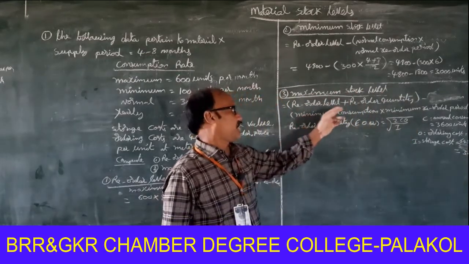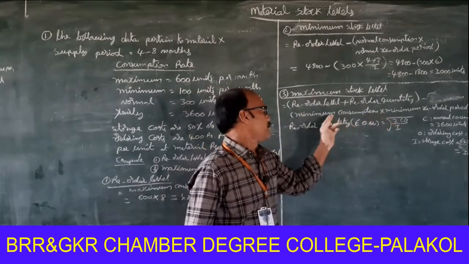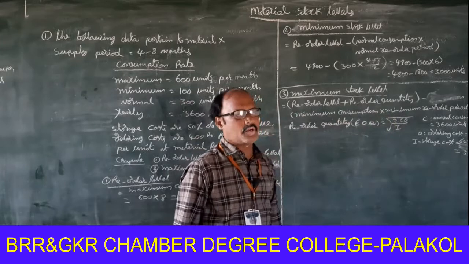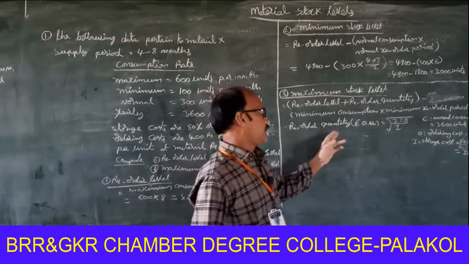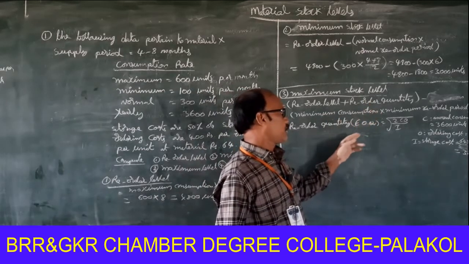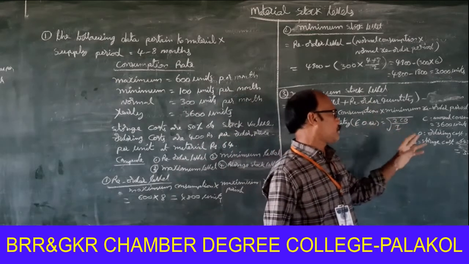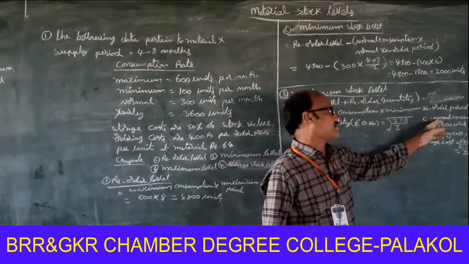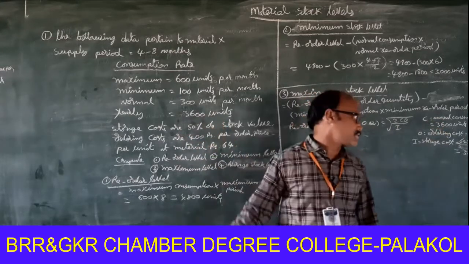Reorder level plus reorder quantity, minimum consumption into minimum reorder period. Reorder quantity, EOQ, is not available in the problem directly. So EOQ is equal to root of 2CO by I. C is equal to annual consumption, yearly 3600.